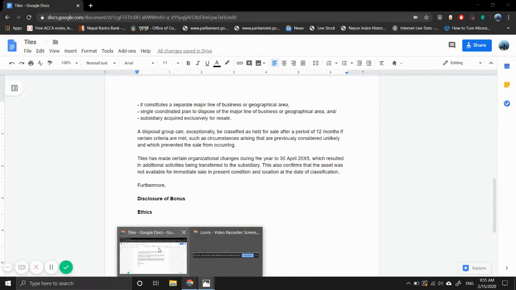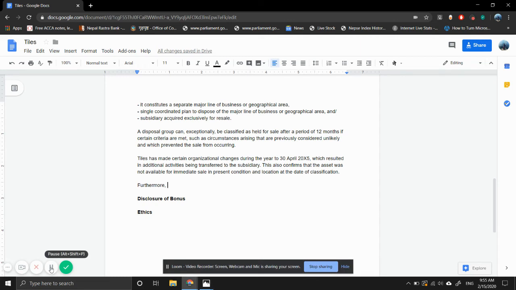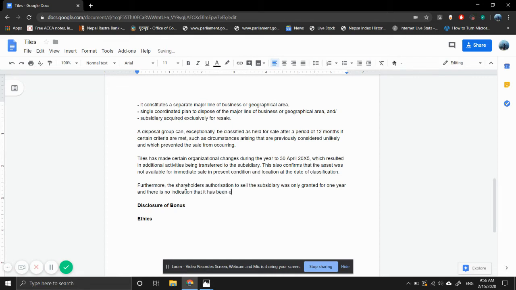The shareholders' authorization to sell the subsidiary was only granted for 1 year, and there is no indication that it has been extended.